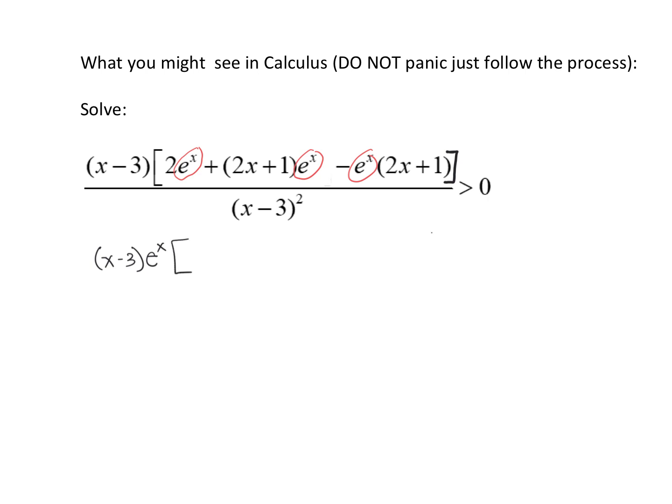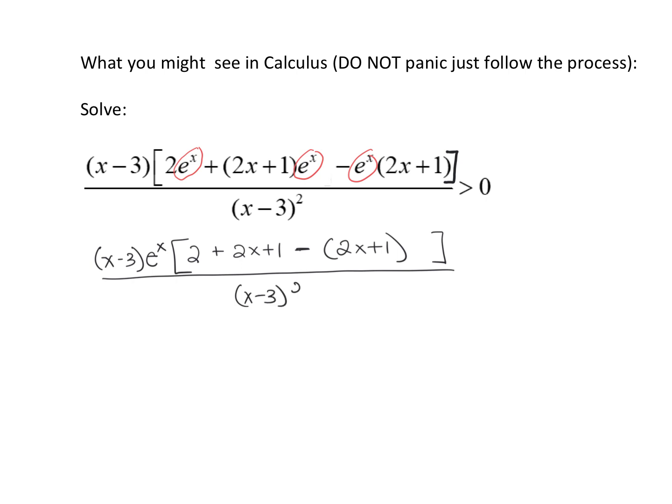And then inside these brackets, 2 plus 2x plus 1 minus 2x plus 1 all over x minus 3 squared greater than 0. And you can see that x minus 3 will cancel with one of these x minus 3's.